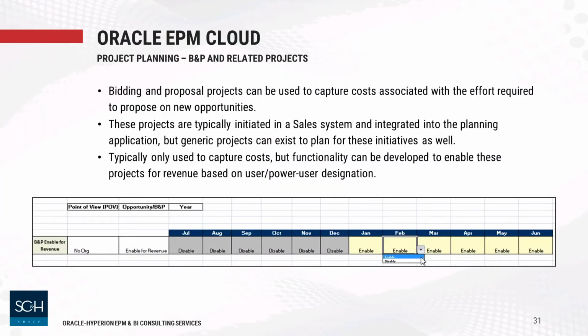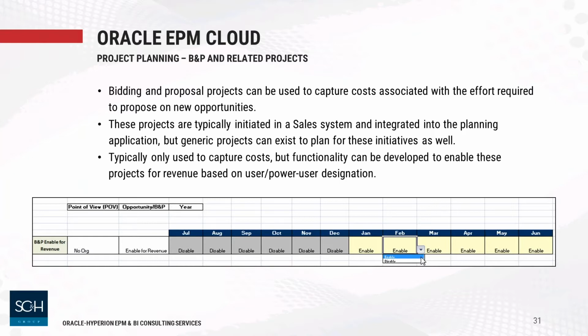Another component that I wanted to quickly highlight was having the ability to take anything that you're doing from a sales perspective, particularly around bidding and proposal projects. You can use the tool to capture that activity, and you can start planning for potential revenue and costs for P&L purposes using, once again, drivers that trigger those calculations.